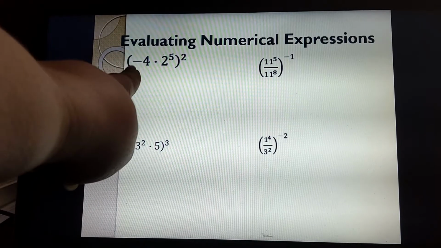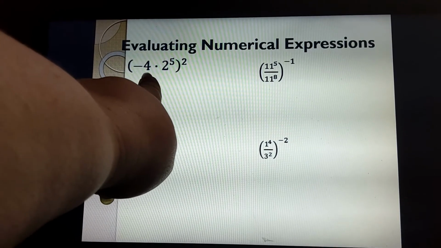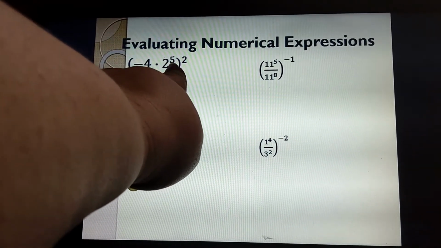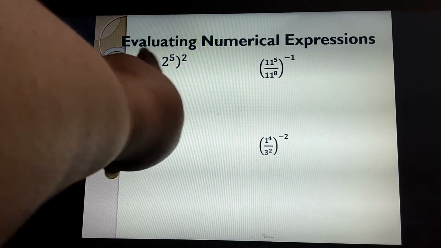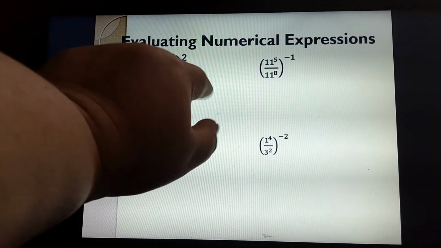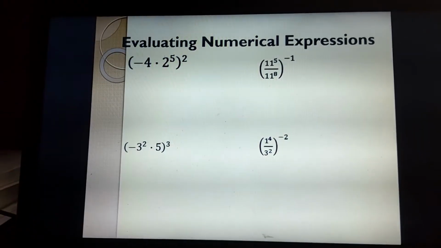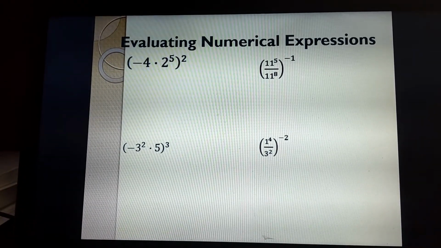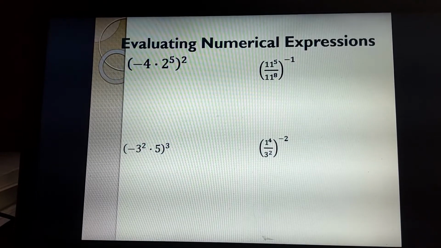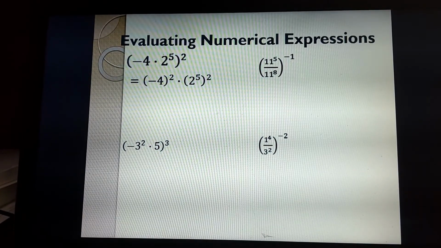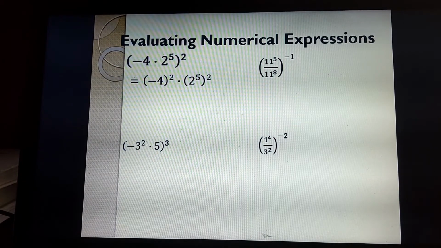Inside the parentheses, you have two different bases, and you only have a power on this one, so there's not really anything you can do inside here. So what we see is we have two different bases with one exponent on the outside. When you have that rule, you distribute the 2. So it's going to become negative 4 squared times 2 to the 5th squared.